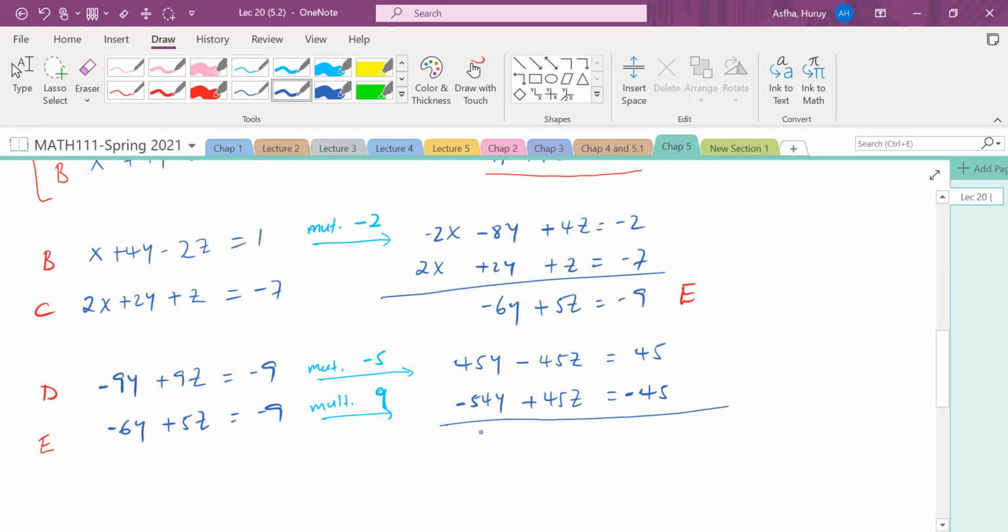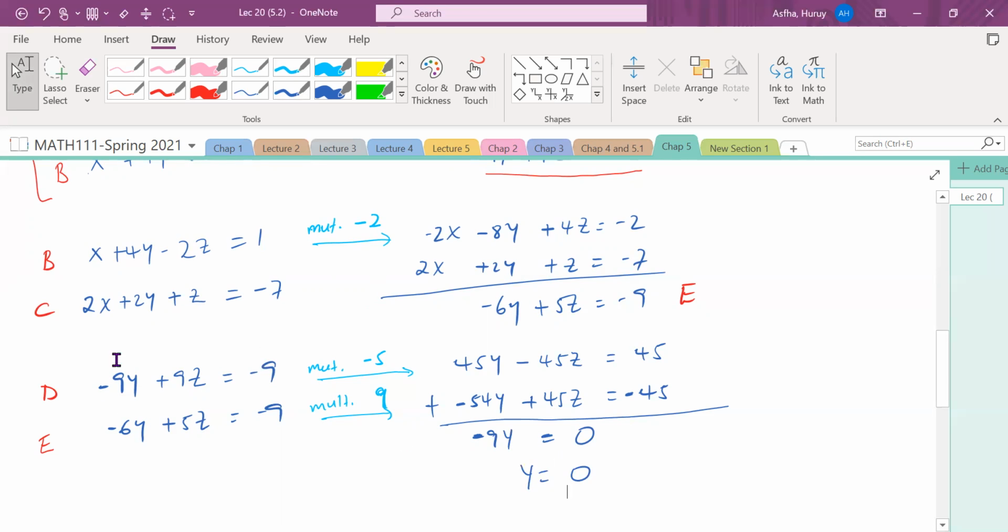So now if we add these, we get 0 for z, and -9y equals 0, so y is 0. Okay, we solved for y, so y is 0.